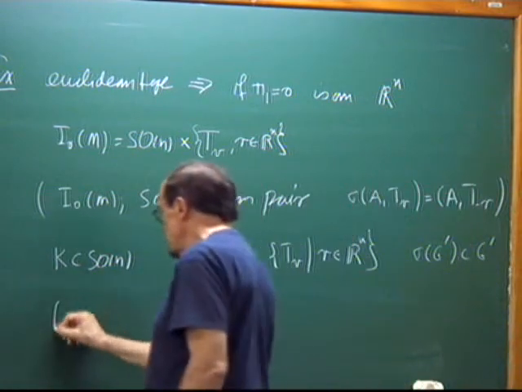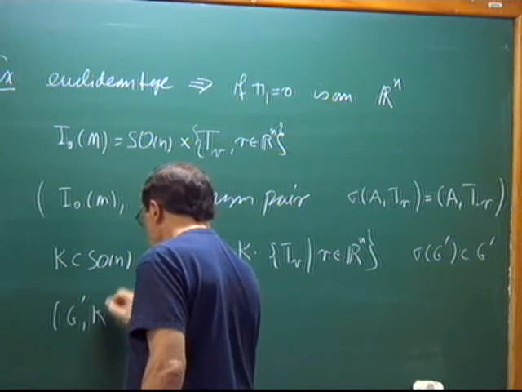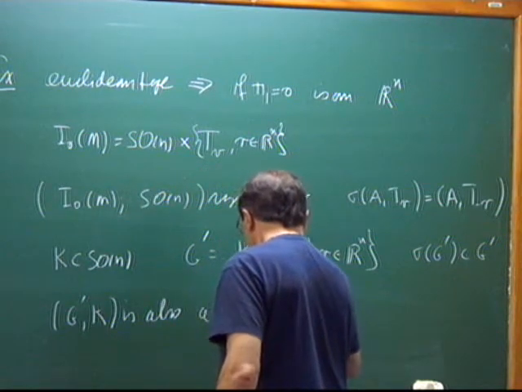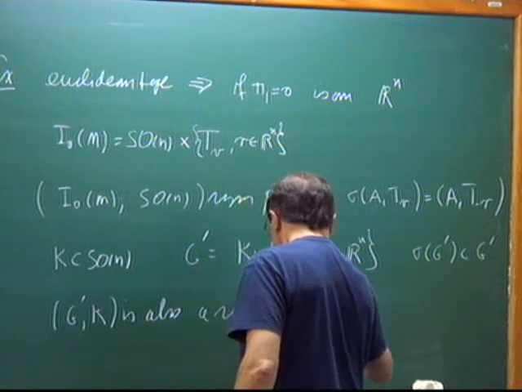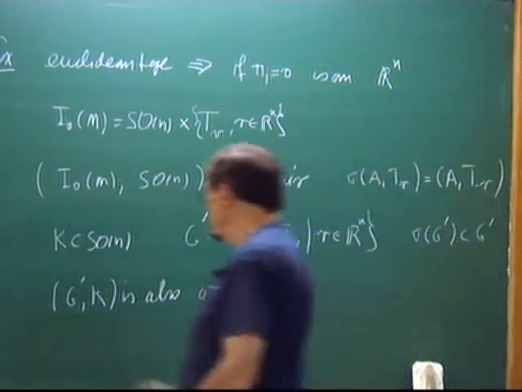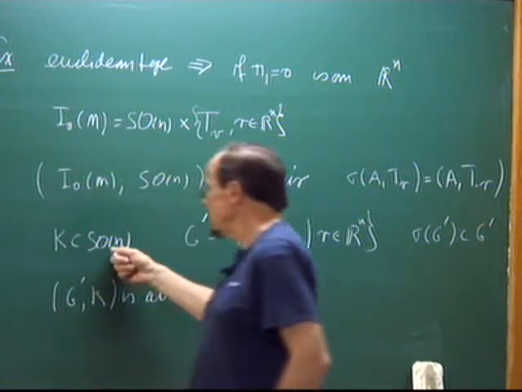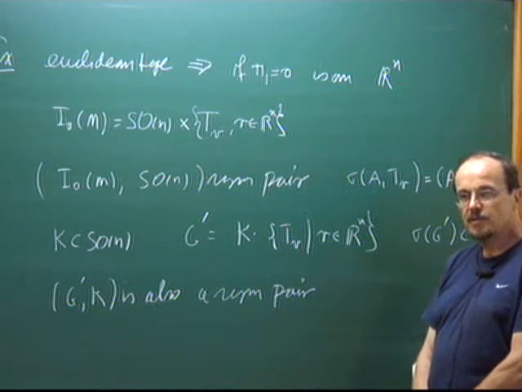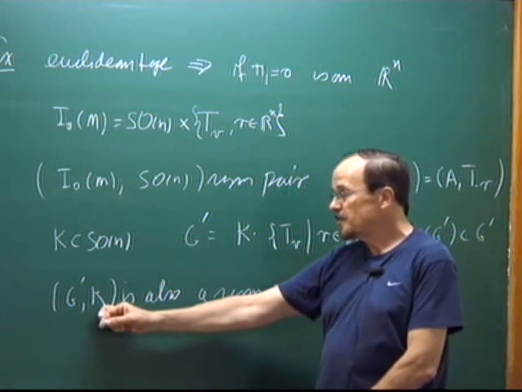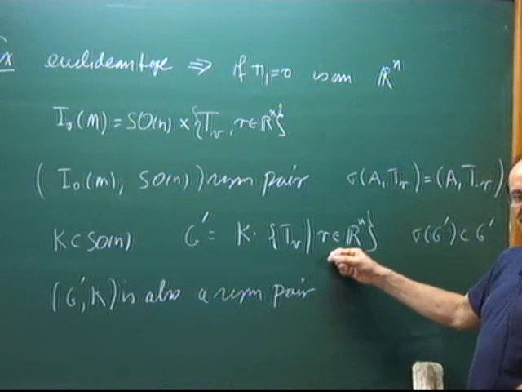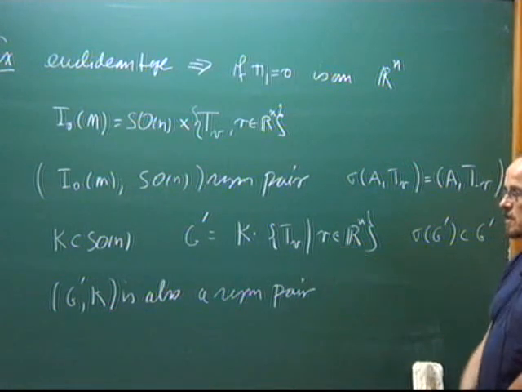So I get that G prime, K is also a symmetric pair. So K is any subgroup of SO(n), and then G prime is the corresponding group. It's not the full isometry group. I can even choose K trivial. Then G prime would only be the translations. That's also a symmetric pair. So C is as false as you want for Euclidean type.